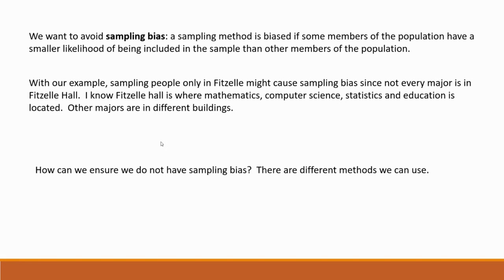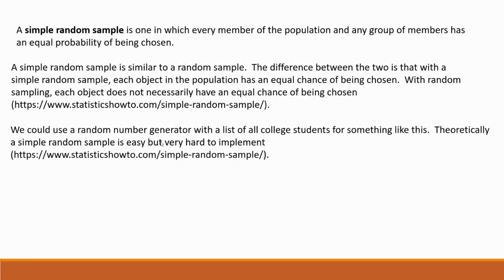Okay, so how do we avoid that? Well, there are different methods we can use. There are different ways of getting a sample. One is using what's called a simple random sample. So in other words, we want our sample to be a simple random sample. That's one way to ensure we have a good sample.